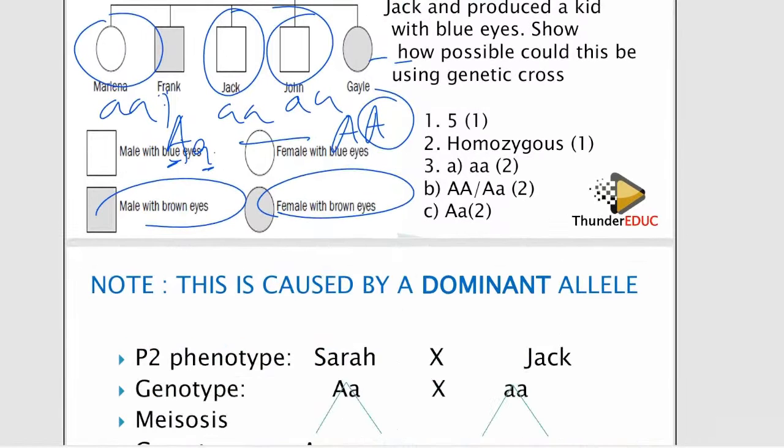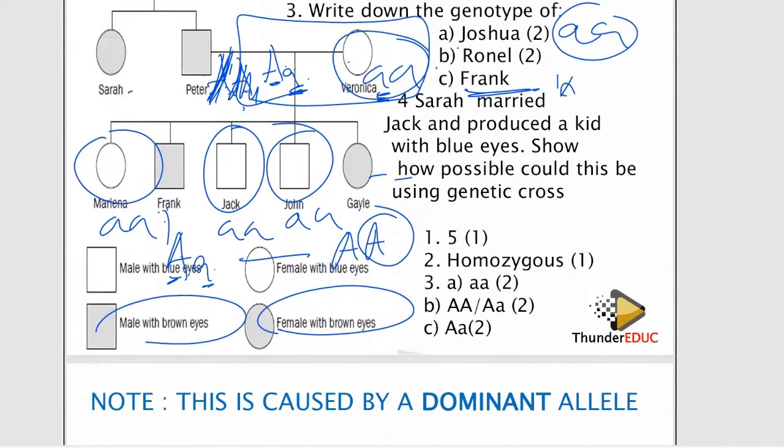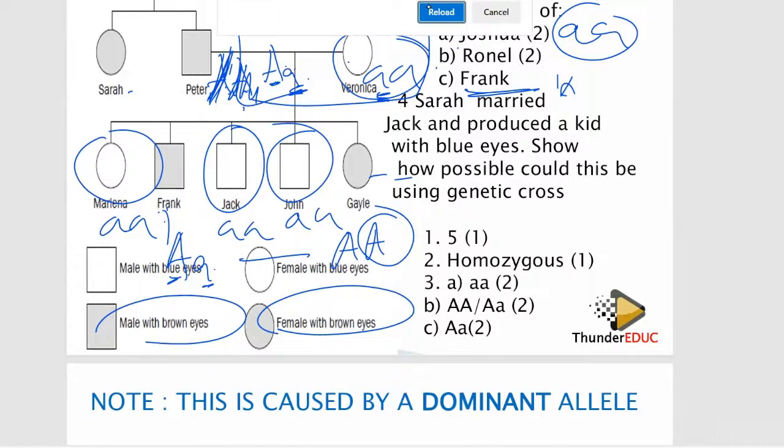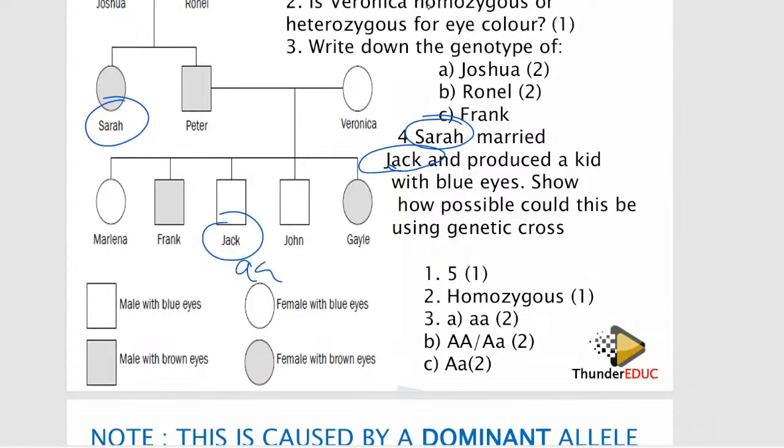Then what's the next question? They're saying that Sarah married Jack, and they produced a kid. Obviously, we know that Jack is small a, isn't it?